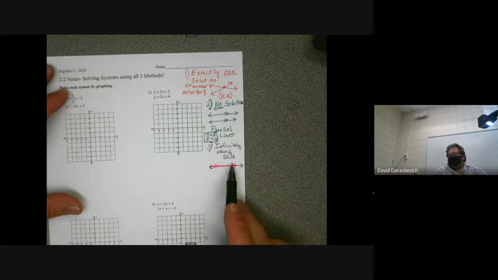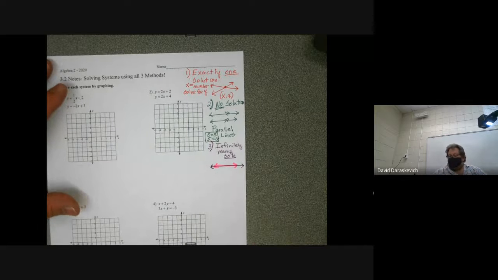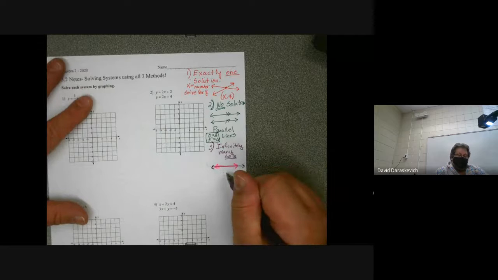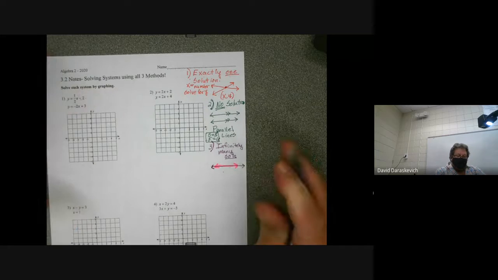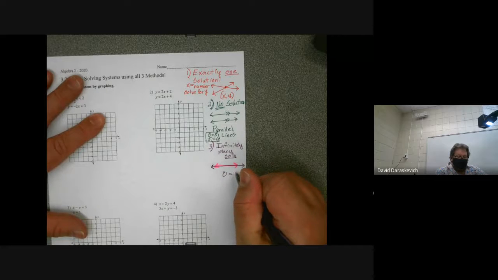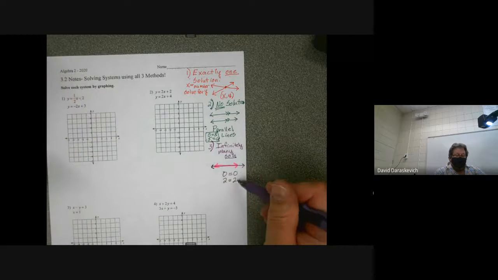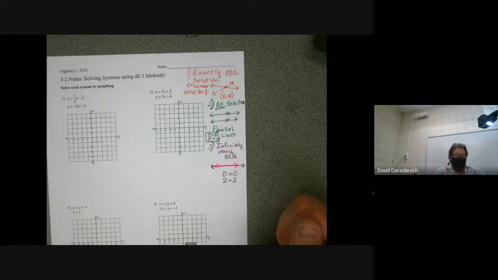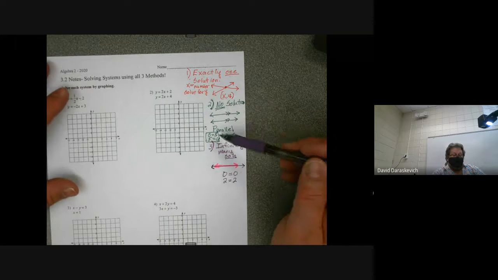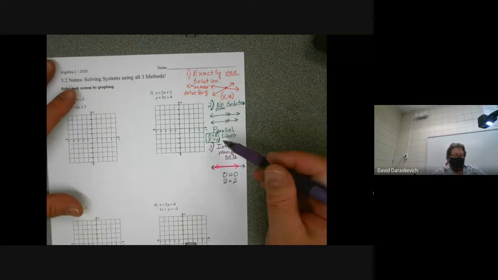Now, infinitely many solutions, when we solve that algebraically, you're going to get a true statement. The variable is not going to be solved for. You're going to get something like 0 equals 0, 2 equals 2, where there's no variable but a true statement. Okay, so these are the algebraic ways that you're going to notice.